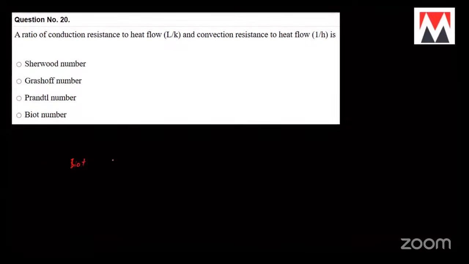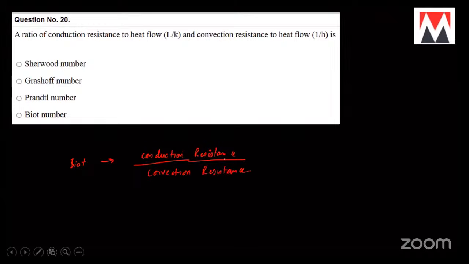So Biot number is nothing but conduction resistance by convection resistance. This is nothing but the Biot number, hL by k.